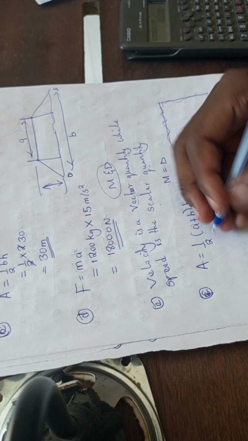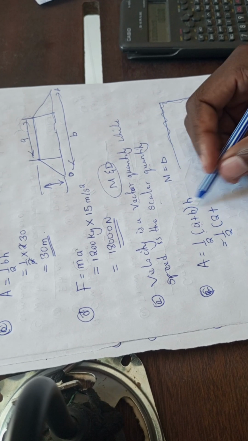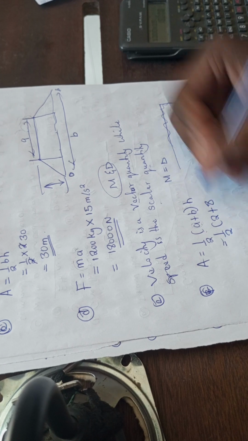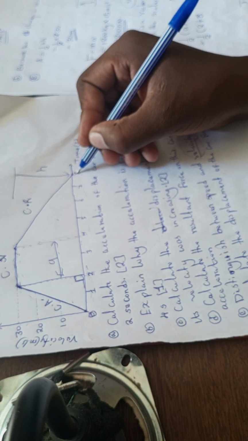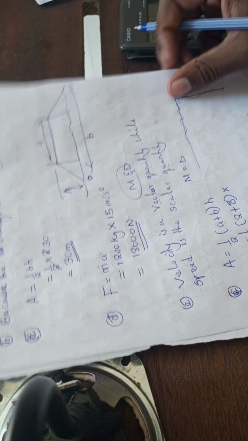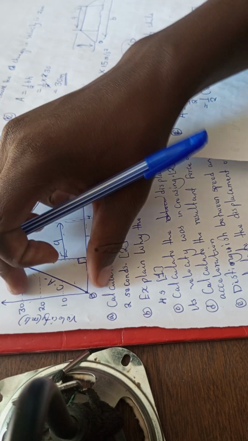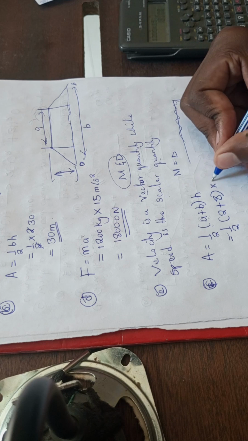So we plug in, 1 over 2 times (2 plus, what's the value for B? It's 8, since it's coming from 0 and stopping after 8 seconds) times our height, which is with respect to velocity. Here, this is our height, which is 30.